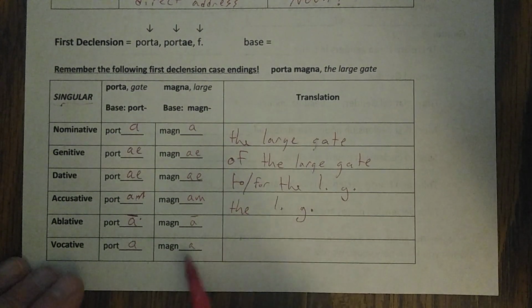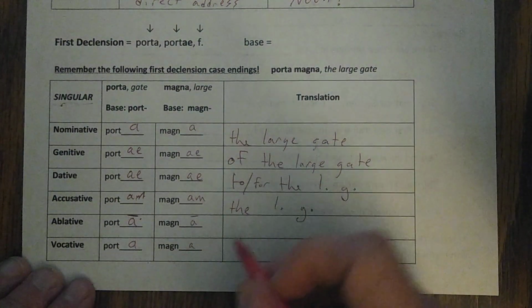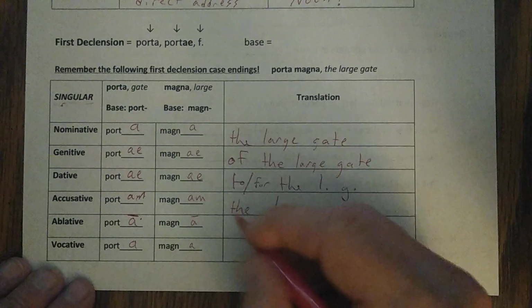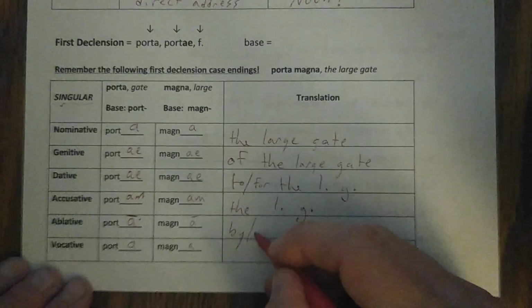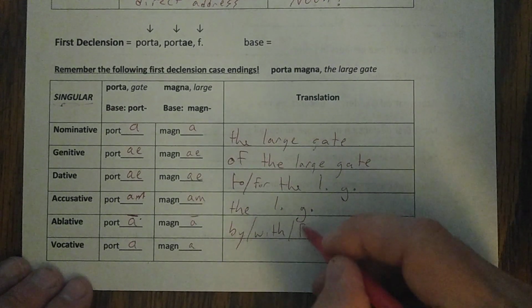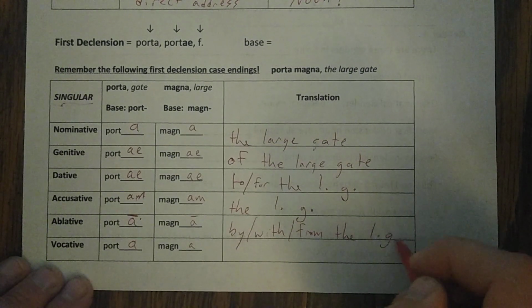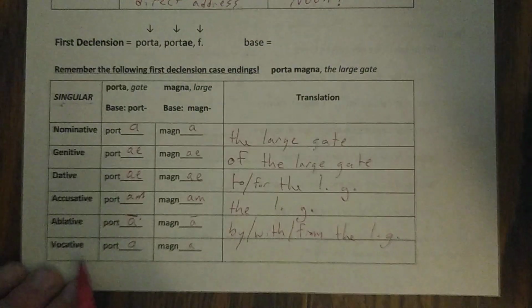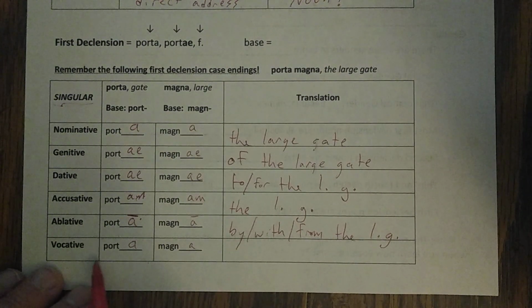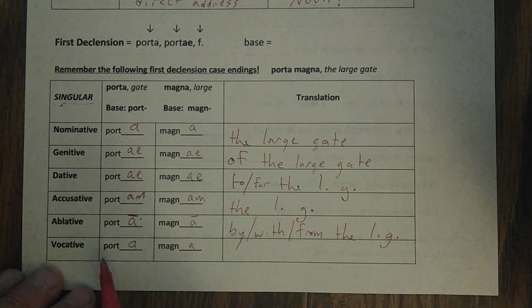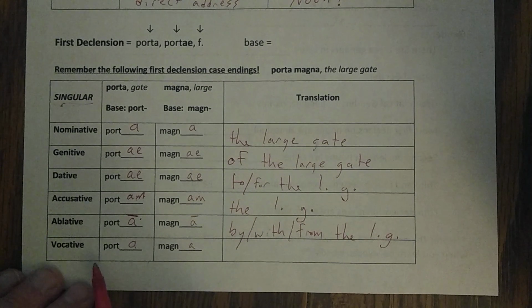Ablative, again, this one can be almost anything, but we'll go ahead and assume it's by, with, or from. So by, with, or from the large gate. We'll go ahead and do the vocative. This one's a little silly because, like I said, the vocative is almost always used for names of human beings or pets, animals.